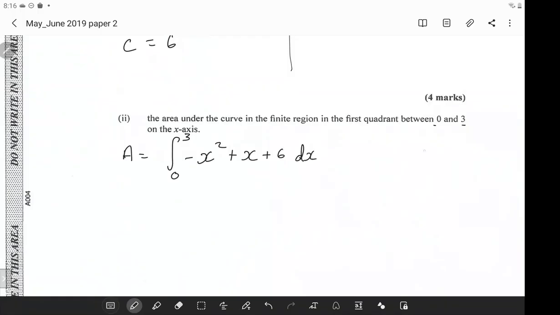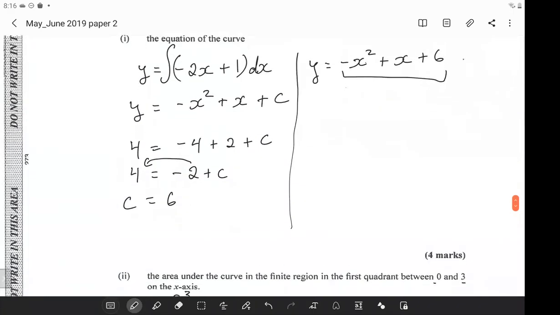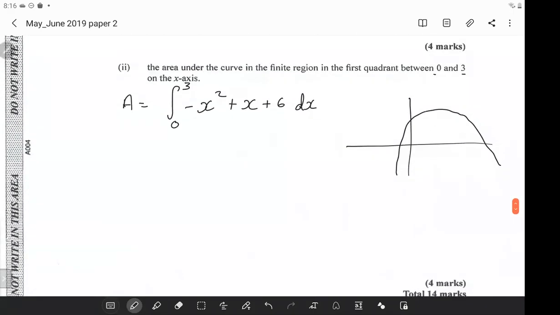Notice that we have a local maximum because a is negative. And we want to go from 0 to 3, so that's this area here. This is just a rough sketch to show you an illustration.